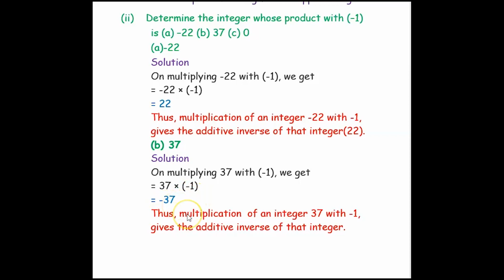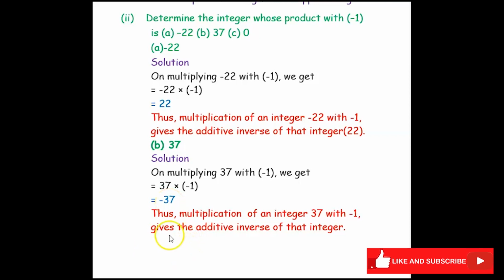Thus the multiplication of the integer 37 with -1 gives the additive inverse of that integer. The additive inverse of 37 is -37. Additive inverse means that if you add the two numbers, the answer should be 0.